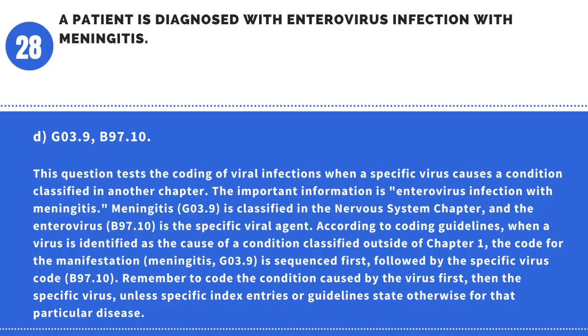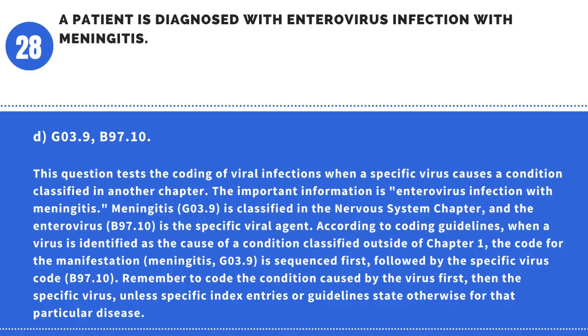This question tests the coding of viral infections when a specific virus causes a condition classified in another chapter. The important information is enterovirus infection with meningitis. Meningitis, G03.9, is classified in the nervous system chapter, and the enterovirus, B97.10, is the specific viral agent.